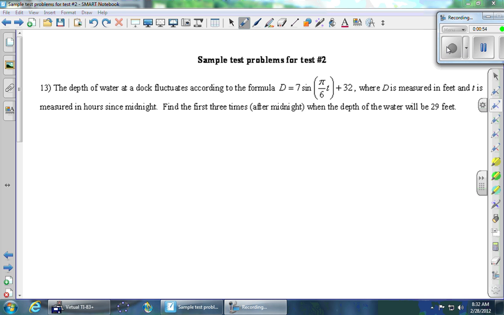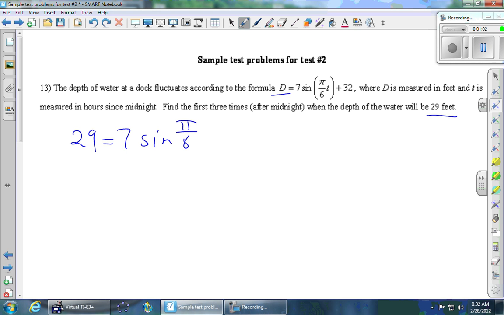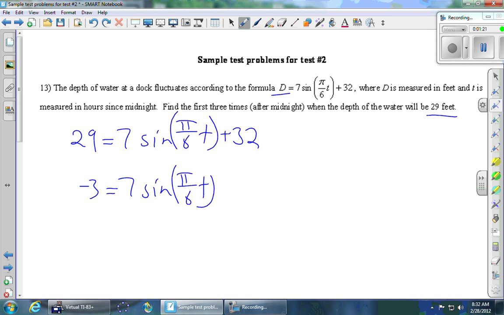So we want the depth of the water to be 29 feet, so we're just going to replace the D with 29. The goal here is to solve for t, so we're going to move some things around. First, the 32 needs to move over to the other side. And then the 7 needs to move.